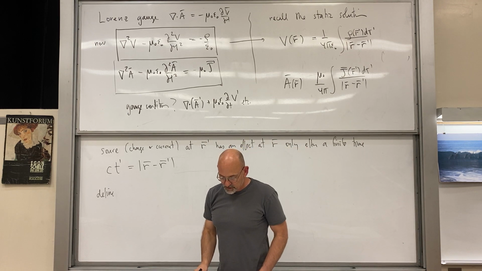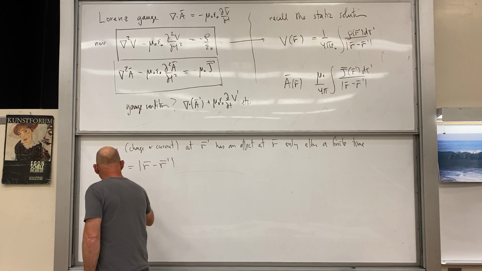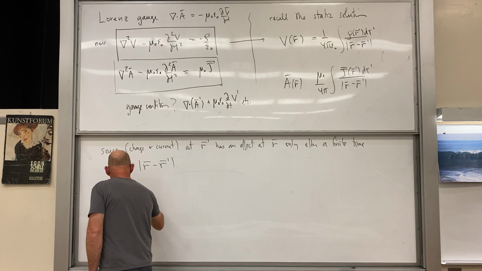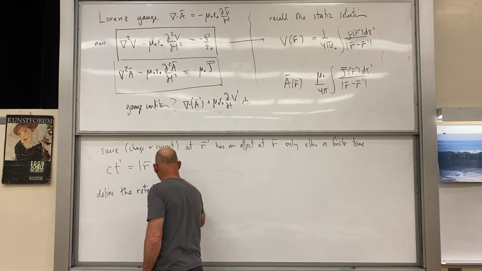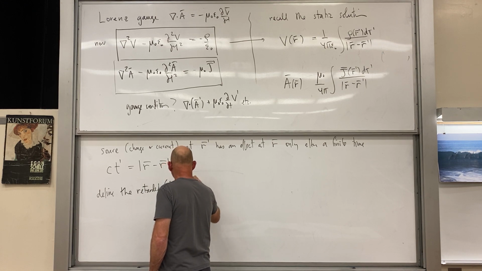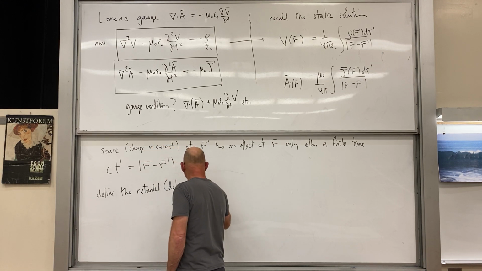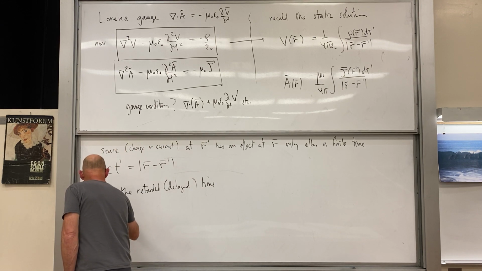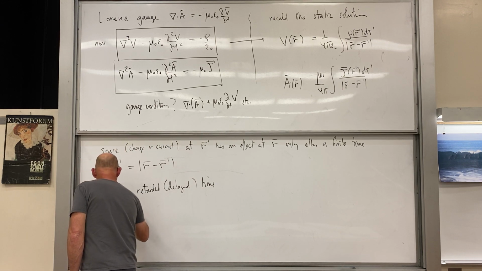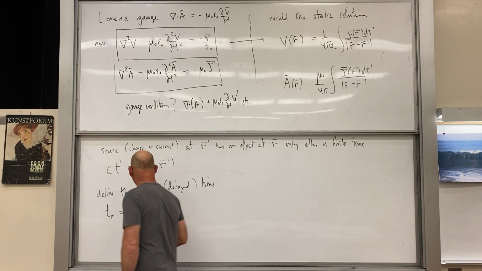So what we're going to do is define the retarded time, delayed time, t minus t prime.